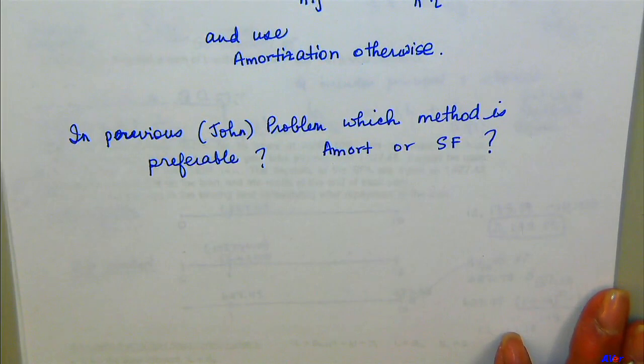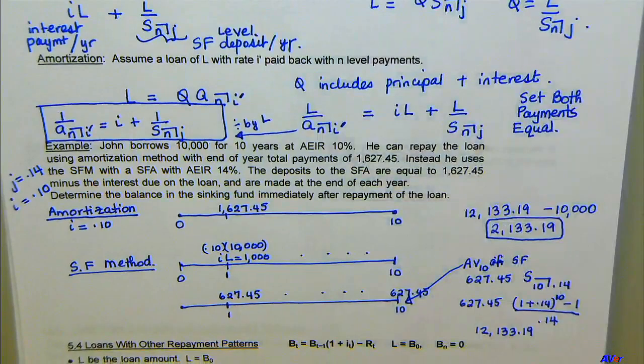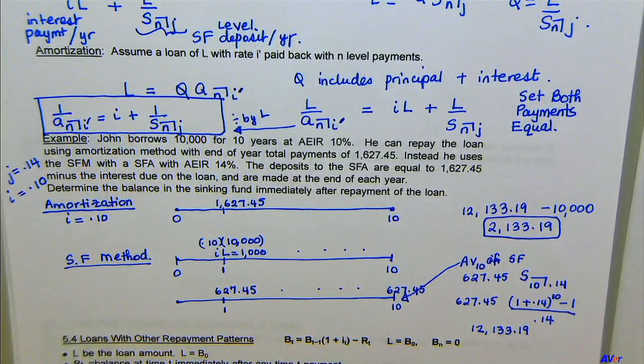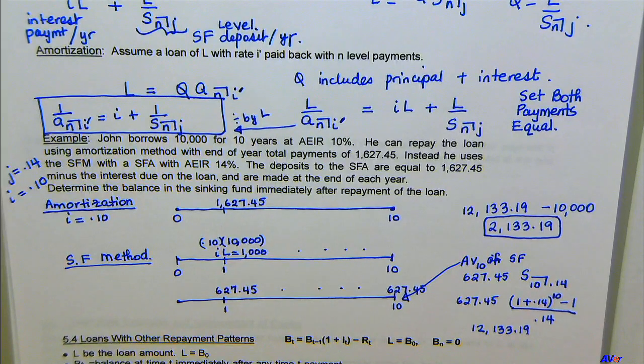What do you think? Do you understand my question? In the previous question that we just did, which method is preferable? Simply paying back principal plus interest in every payment, or paying back IL and having 627.45 left to accumulate in the sinking fund? Which is preferable?